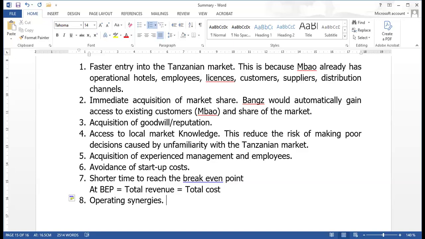So if you combine those strengths, it enables the merged business to really perform better than the two companies would have performed separately. Because if you establish a subsidiary, you're really doing it alone as Baganzi.